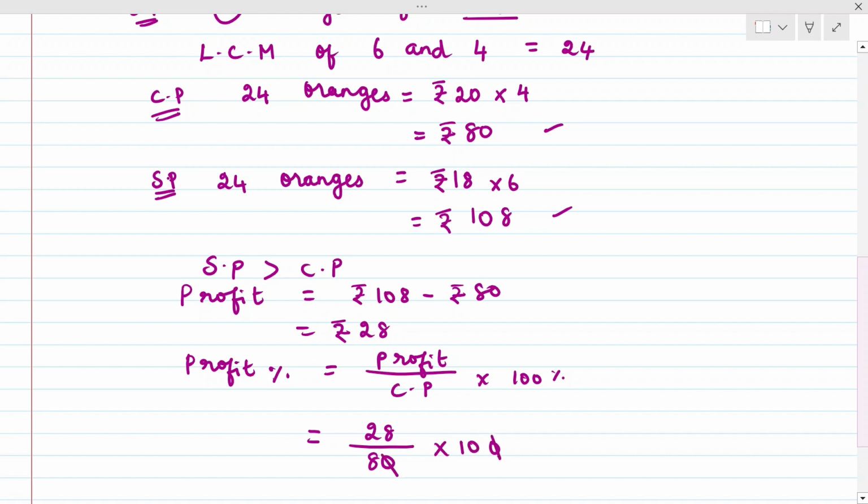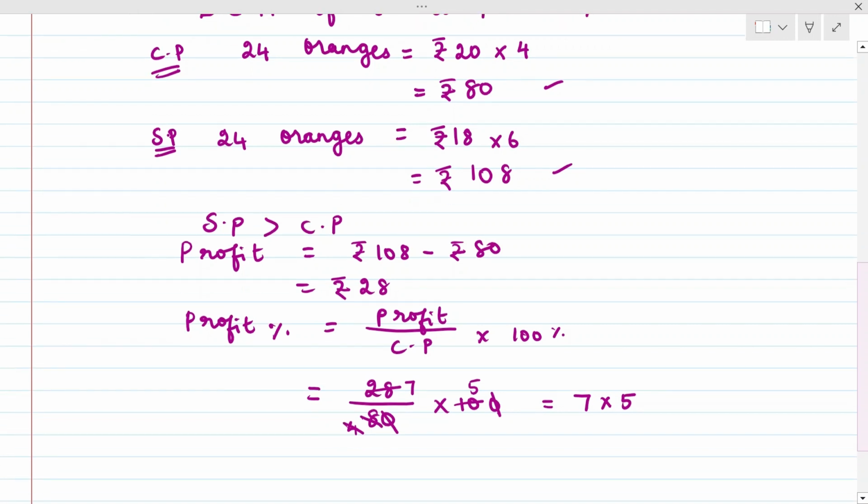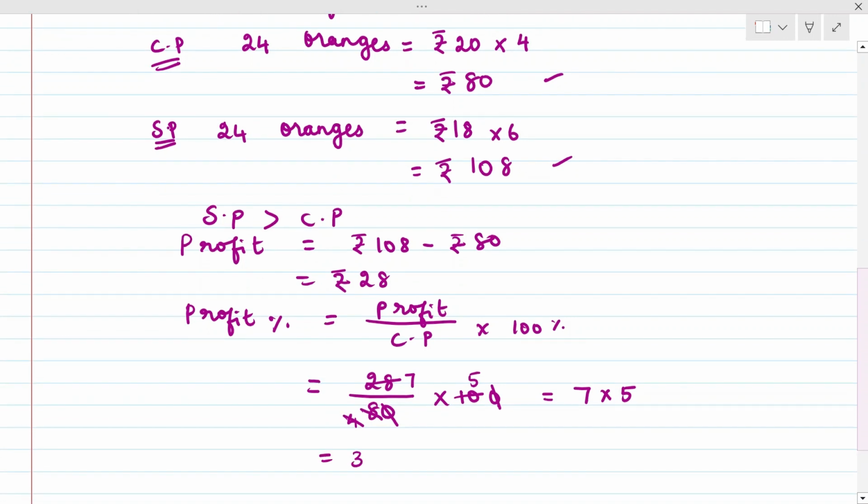So this and this will be cancelled, and with the 2 if I cancel it will become 4 and it will become 5. Again if I cancel this and this, it will be 7. So we have 7 into 5. So now we have profit percentage is 35 percent.